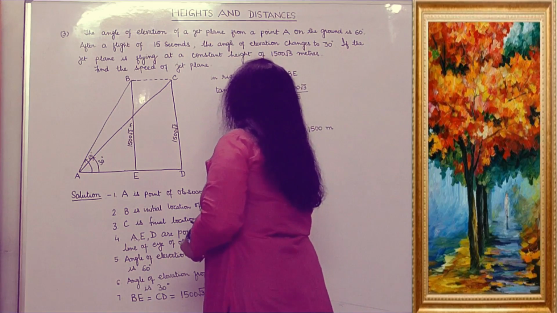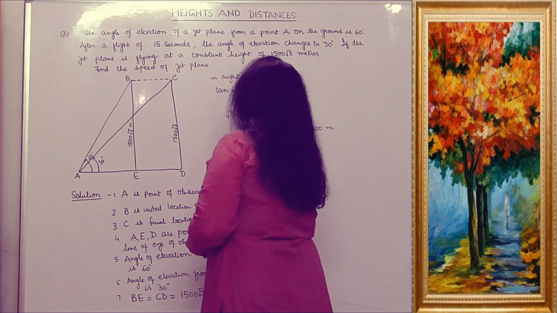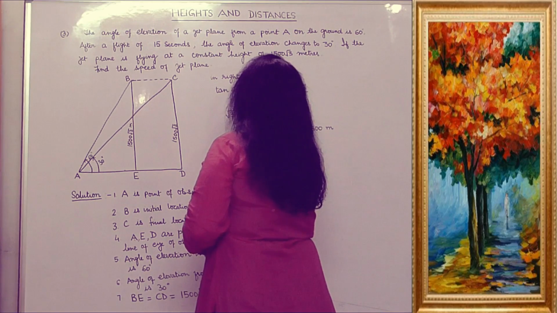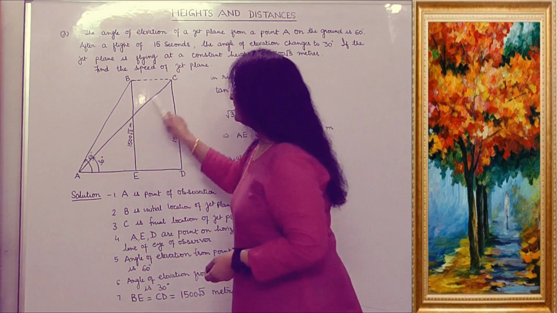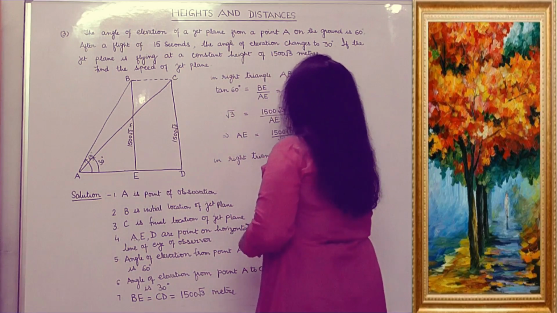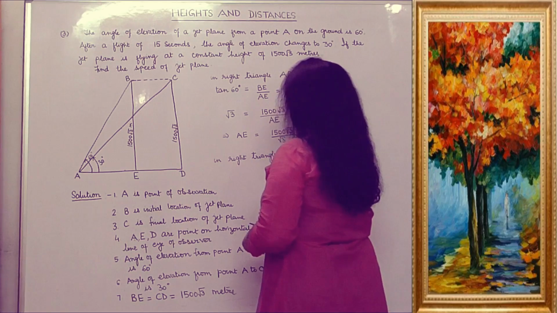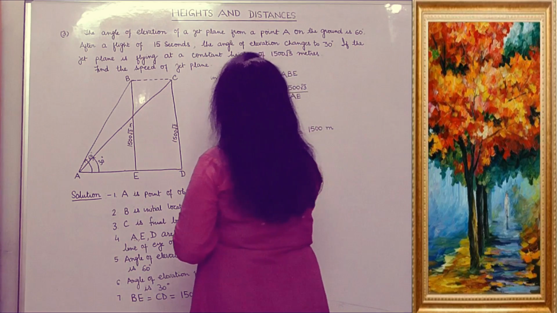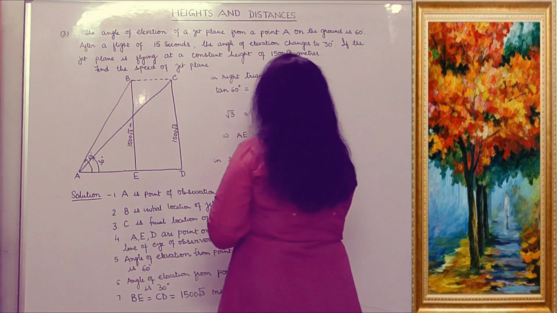Now in right triangle ACD, tan 30 degrees is equal to CD upon AD.